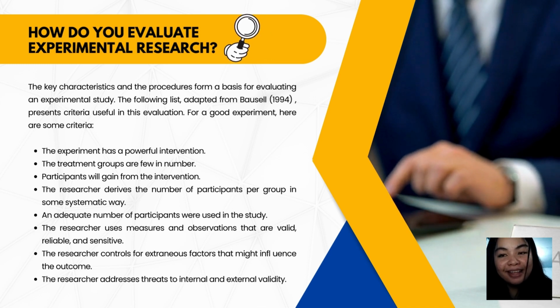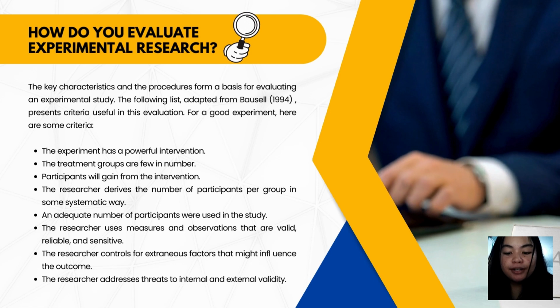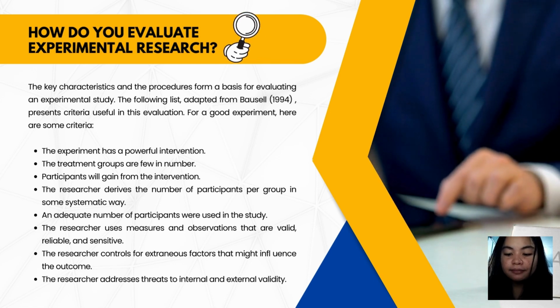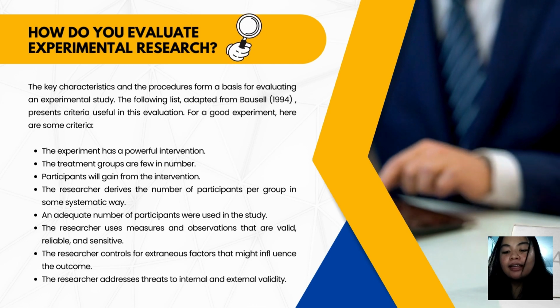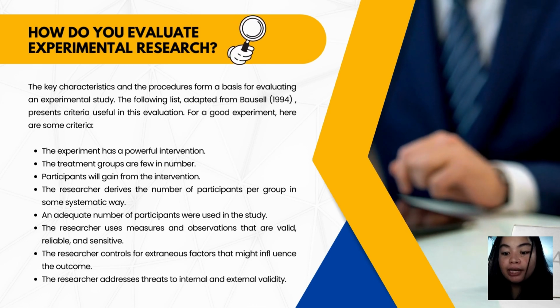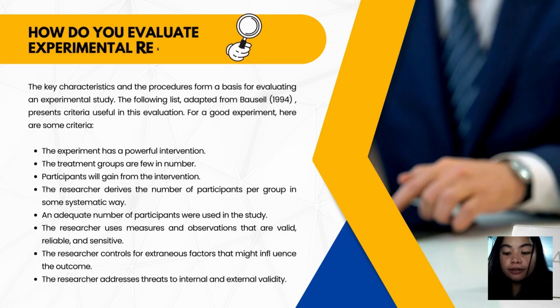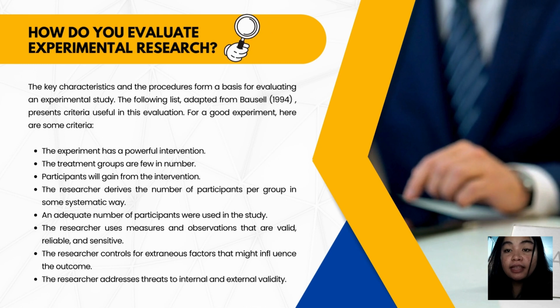For a good experiment, here are some criteria. First, the experiment has a powerful intervention. The second one, the treatment groups are few in number. Third, participants will gain from the intervention.